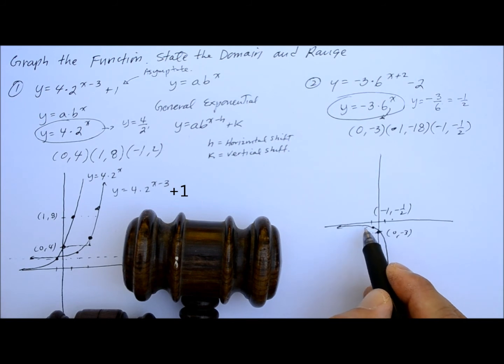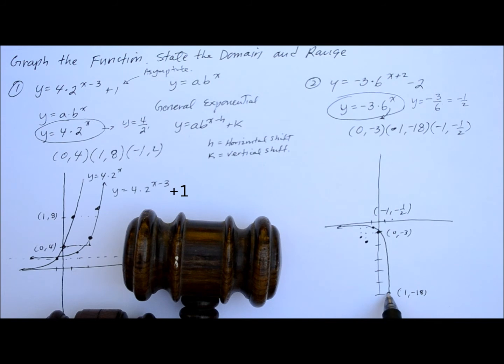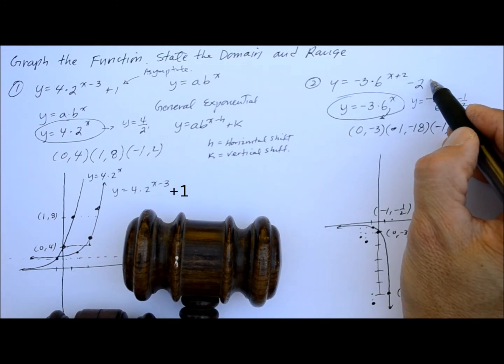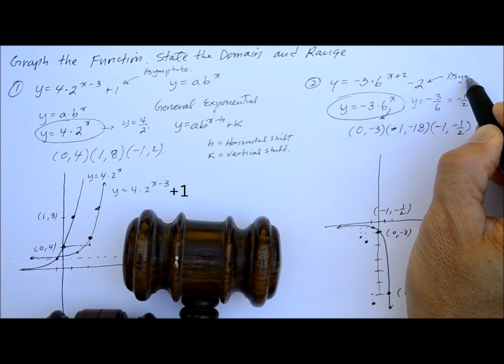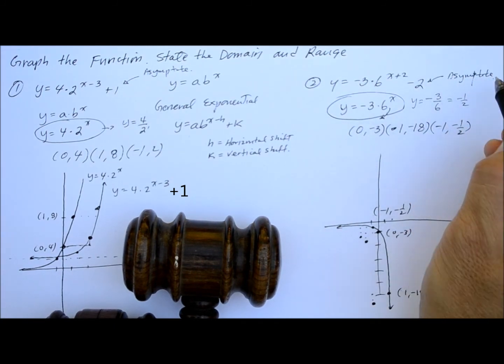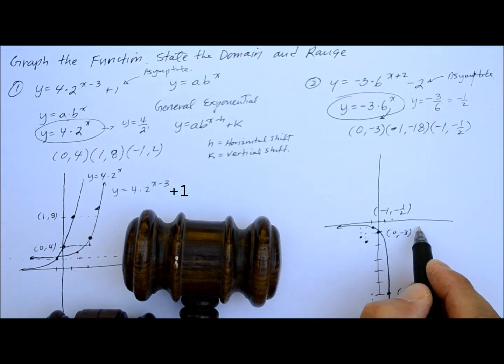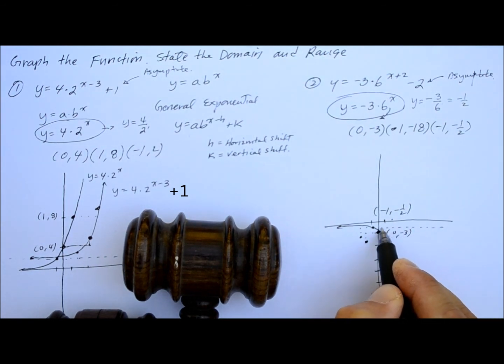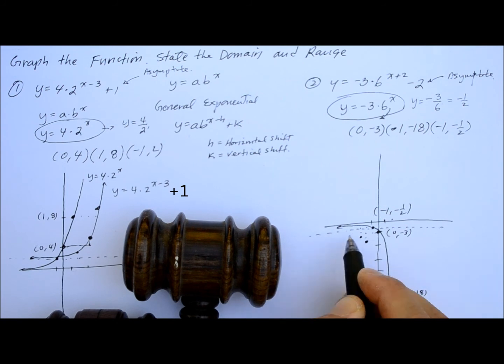Also the same thing, 1, 2, 1, 2. This one also, 1, 2, 1, 2. And this is the new asymptote, negative 2. And it will look something like this.